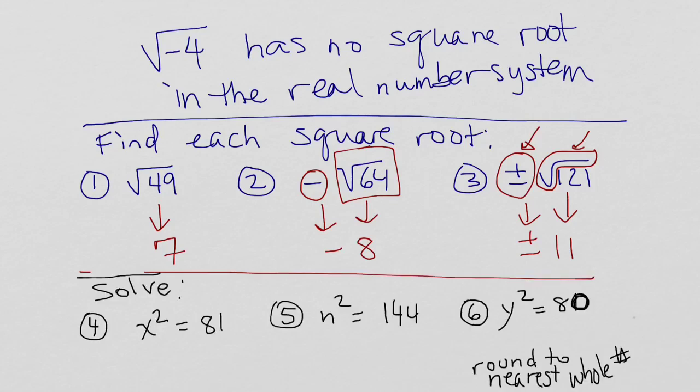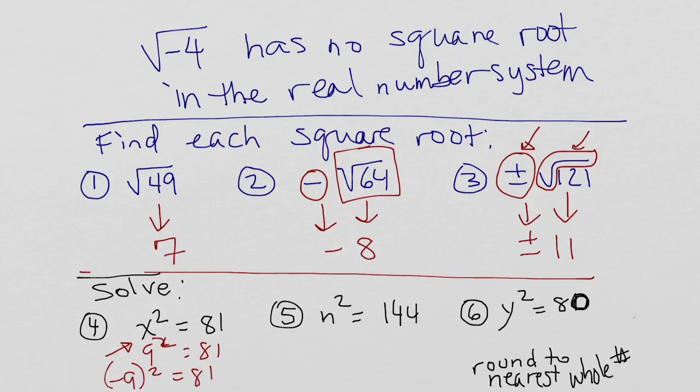Okay, now I'm going to ask you to solve these equations. So let's look at number 4. I'm asking you, what number, when you square it, do you get 81? So if you think about that, really what you're looking for is what is the square root of 81? The square root of 81 is 9, but since I'm asking for all the numbers that when you square them you get 81, I could square 9 and get 81, but I could also square -9 and get 81.